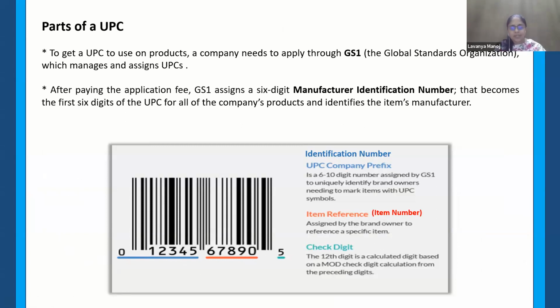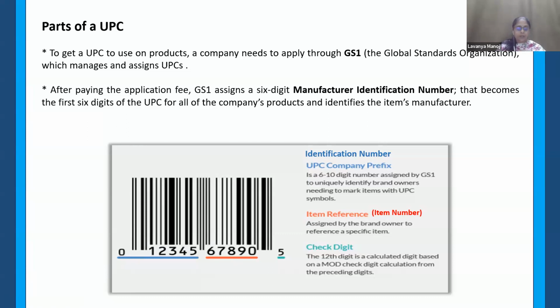The check digit is calculated by some kind of modulus calculation. Modulus calculation is a mix of addition, subtraction, multiplication, and division, done in a sequential way. So the first 6 digits plus the 5 digits are all calculated using the modulus calculation.